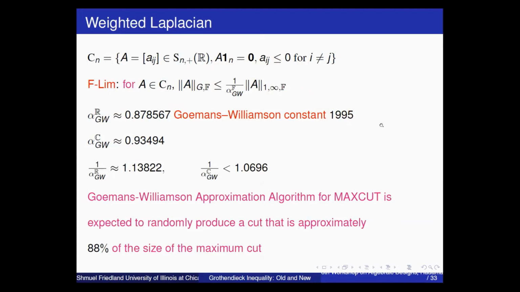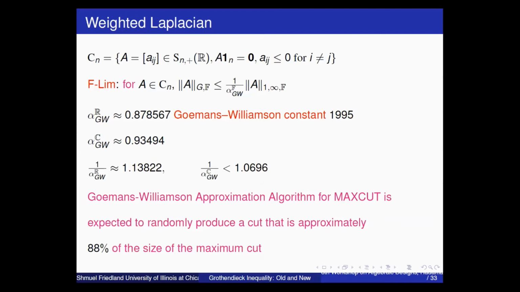So what is the famous Goemans-Williamson constant? You have a graph and you want to cut it into two pieces such that the number of edges that go from one to the other is maximum. That is called max cut.